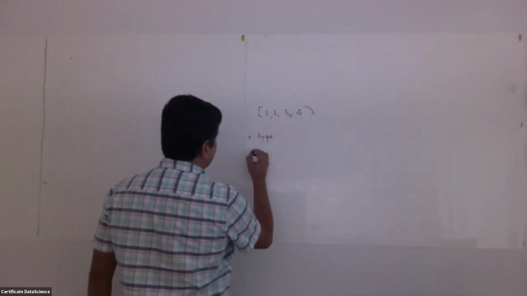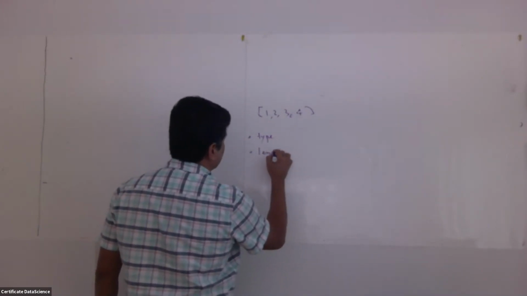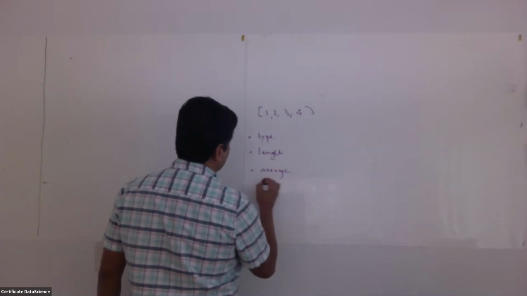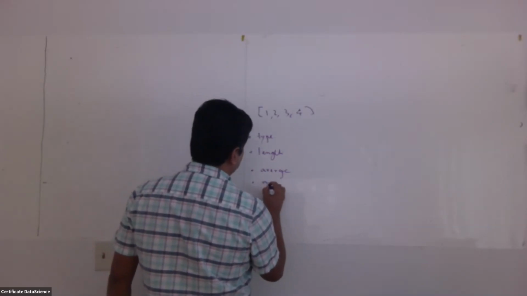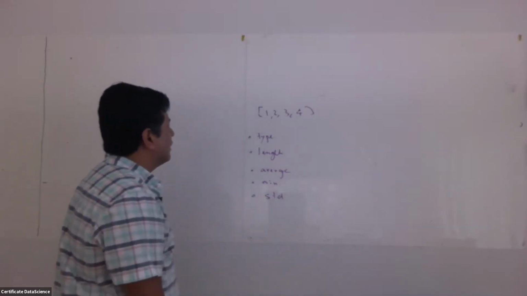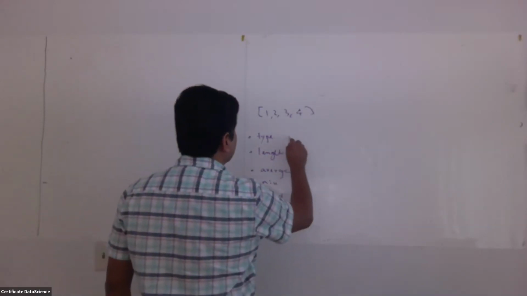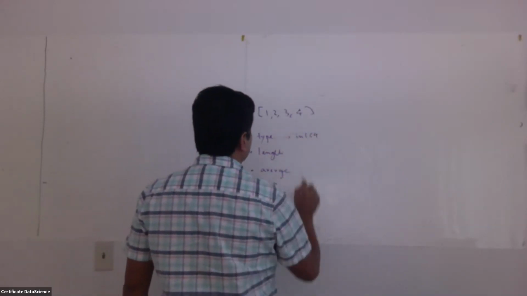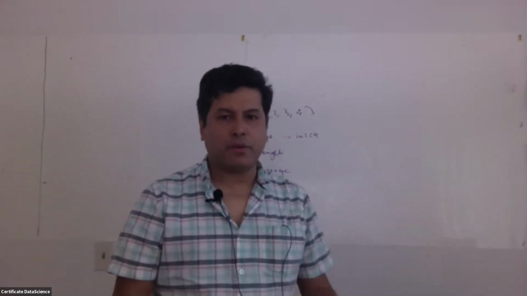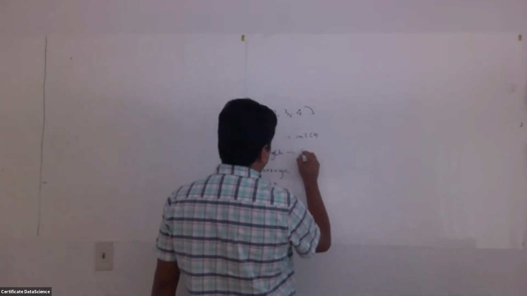How long is it? What is the average? What is the minimum? Or what is the standard deviation? Think about it. If somebody asks you, what is this data type? You will say, well, say integer 64. There is no computation required. I already know it's a part of my data information or metadata. So I'll tell you how long it is. I don't need to think about it.